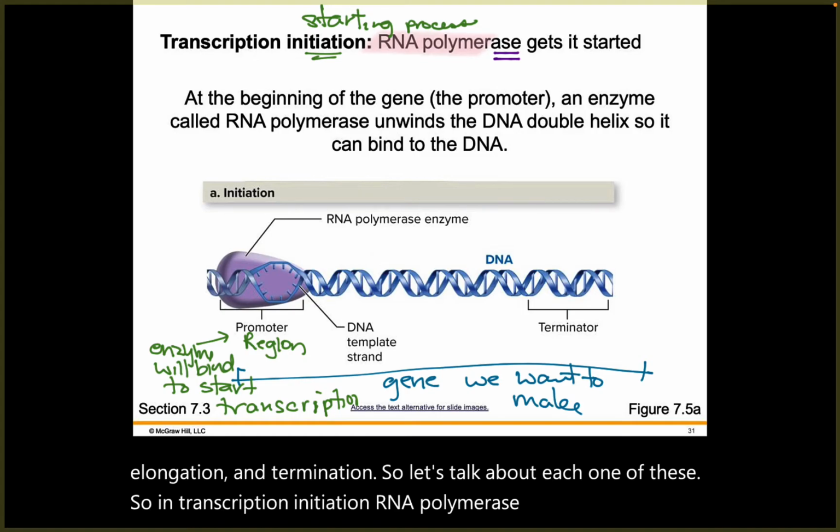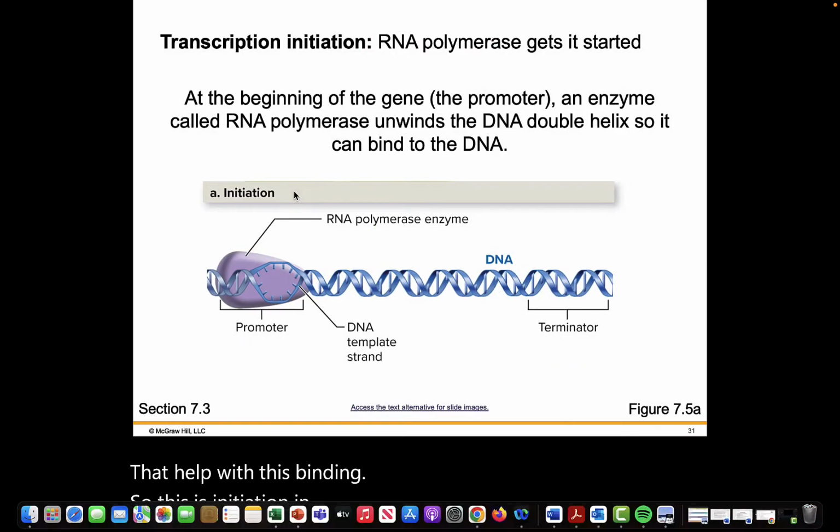So basically, this is the area on the gene, the promoter region, that RNA polymerase will bind. There are things like transcription factors that help with this binding. So this is initiation in part 1.